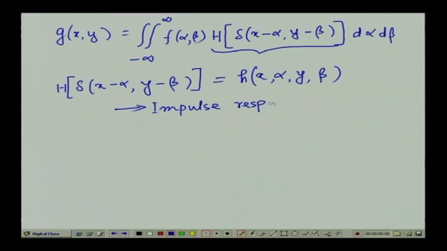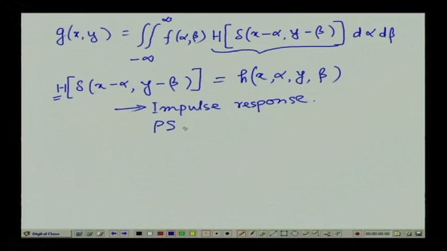That is the response of the operator h when the input is an impulse given in the form delta(x minus alpha, y minus beta). And in case of optics, this impulse response is popularly known as the point spread function or PSF.